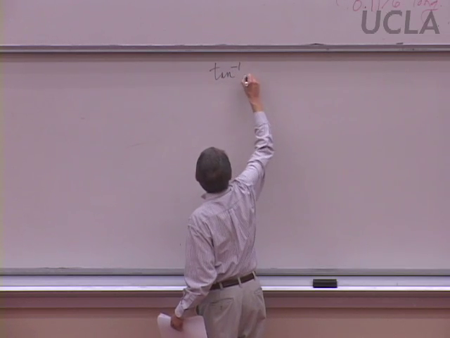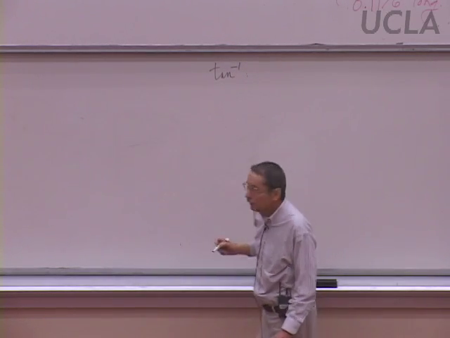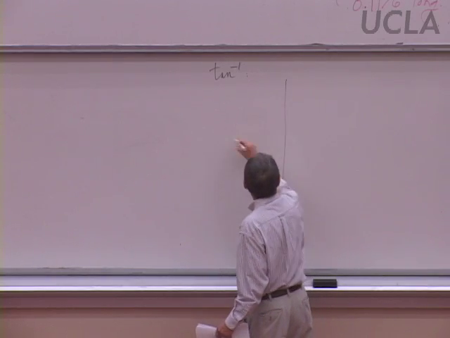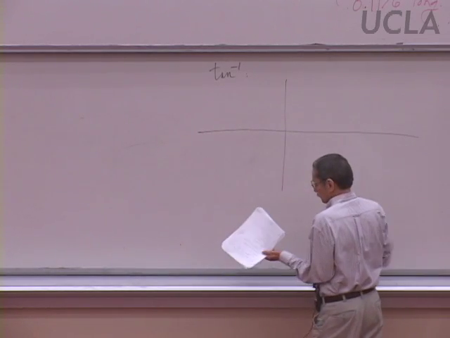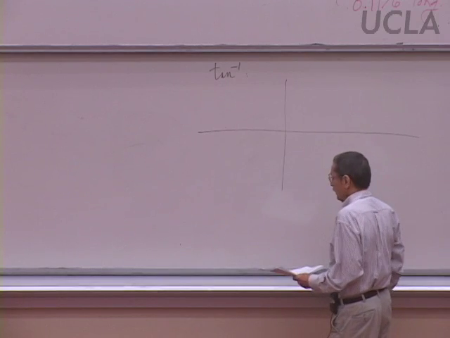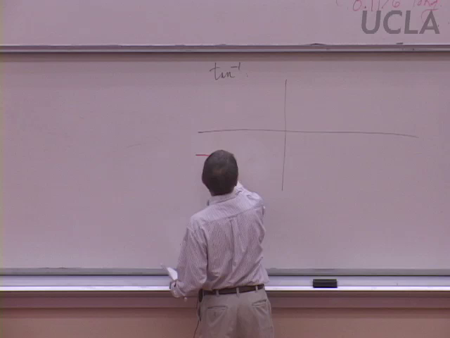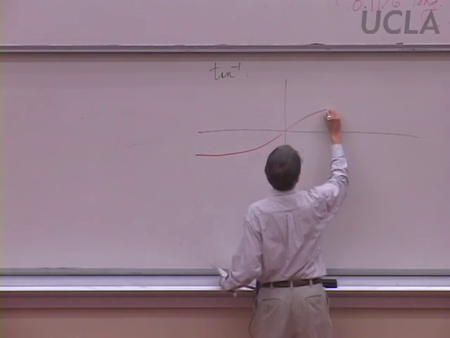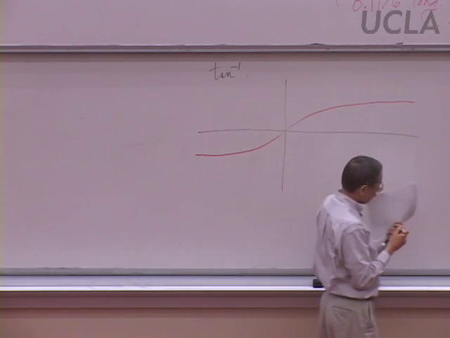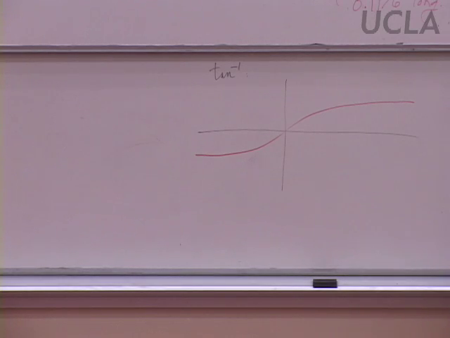The graph of the arctangent function looks like this. You take one branch of the graph of the tangent function and turn it sideways.